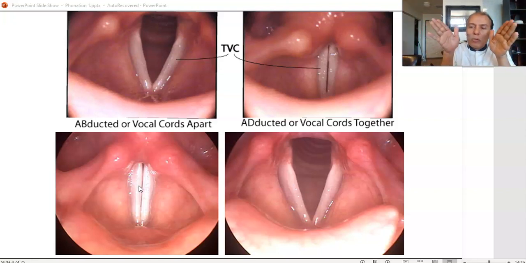And then the vocal folds want to come back again, just like two rubber bands. If you stretch a rubber band and let go, it will come back to its rest position. So that is the mutual resistance between the elasticity of the vocal folds and the air pressure. That is what keeps the cycle of phonation going.